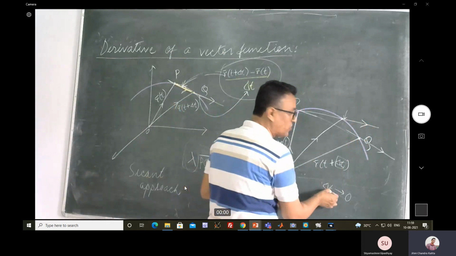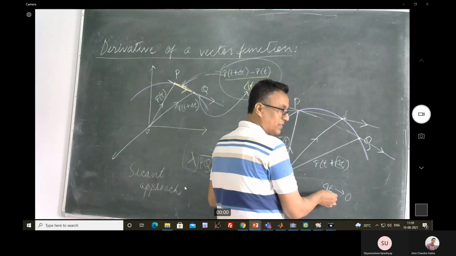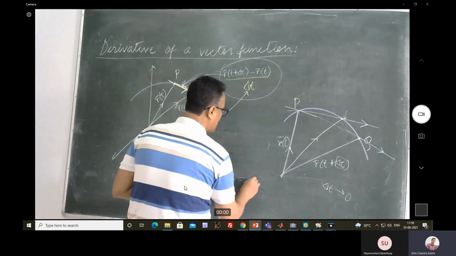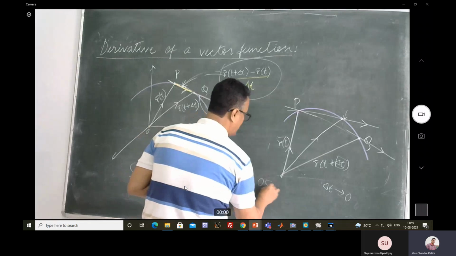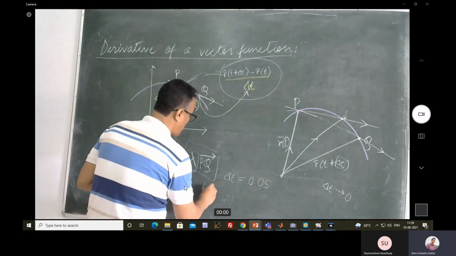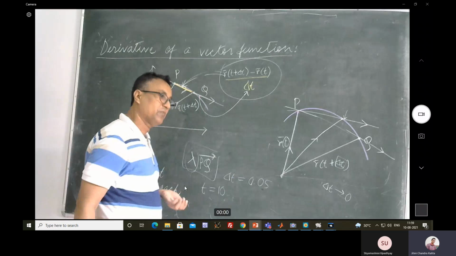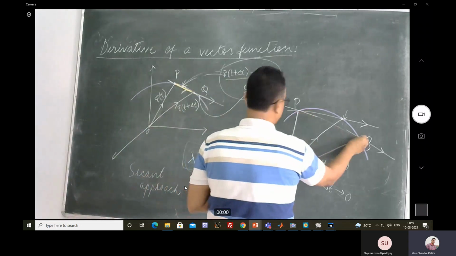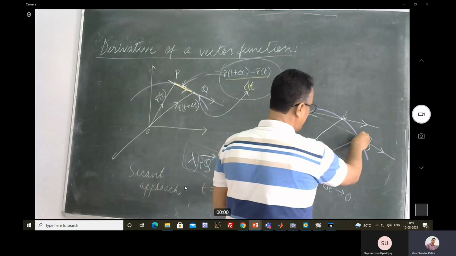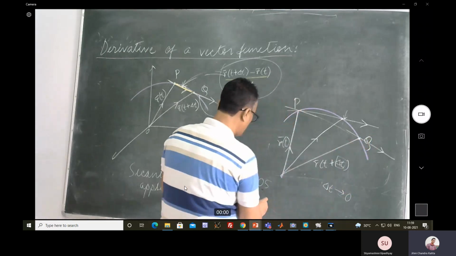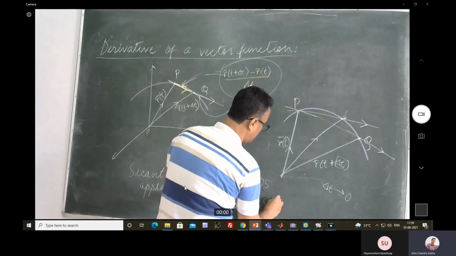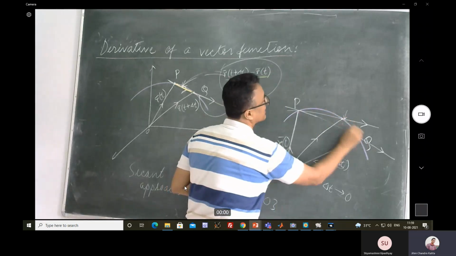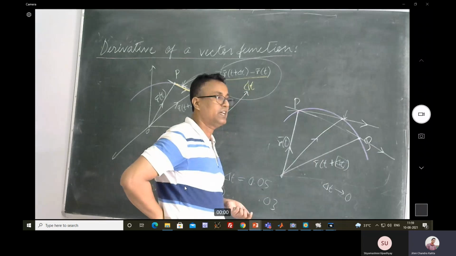Now, if you go on reducing delta t, suppose delta t equals 0.05 and t was equal to 10. Then at t equal to 10, the particle was here. At delta t equal to 0.05, it was here. When delta t is say 0.03, it would have been somewhere here, because the particle is moving along this curve.